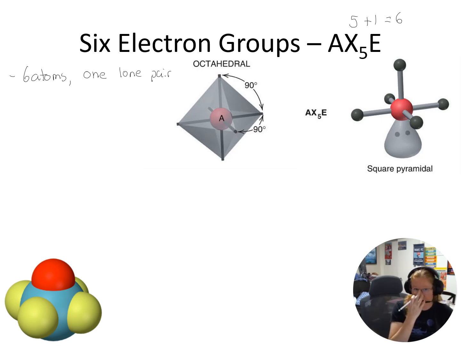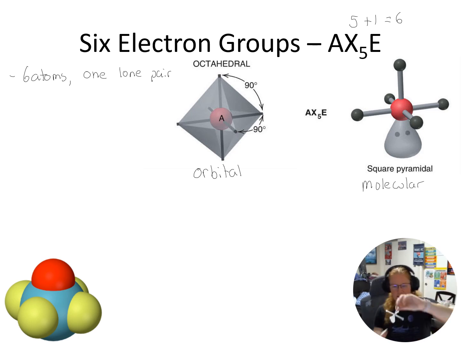Still 6 total groups around my central atom, so my orbital geometry is still octahedral, but now my molecular geometry, that shape my molecule takes on, is square pyramidal. So you can think of this as 1, 2, 3, 4, there's my square, pyramid. So it's a square pyramid.